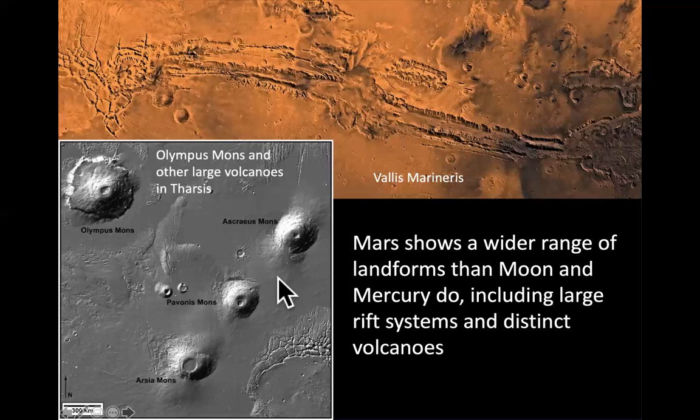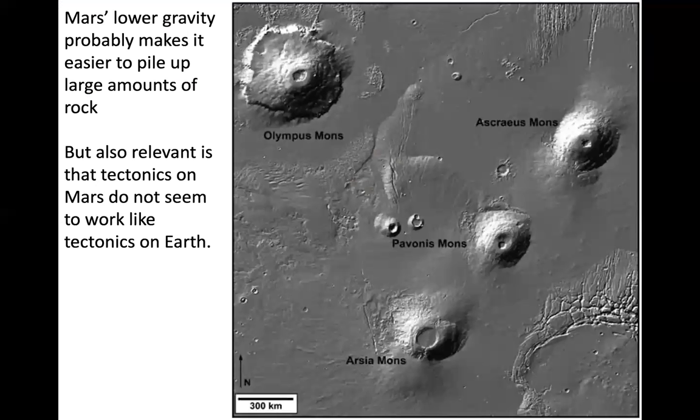Now, there's a couple of reasons for that. One reason is Mars is smaller. Being smaller means that Mars doesn't have the same gravity as Earth. Just like on the moon, how the astronauts could jump around a lot because the gravity on the moon is smaller than the gravity on Earth.